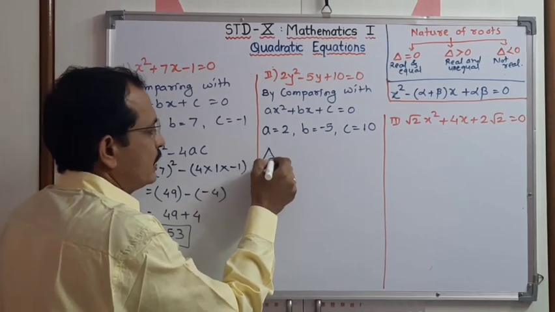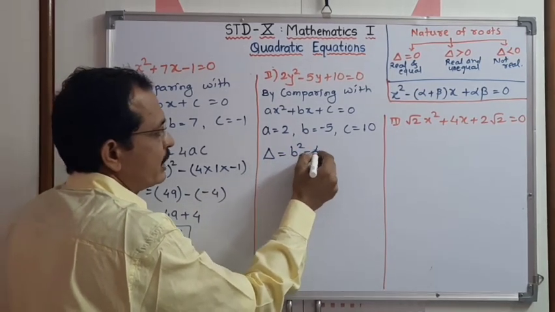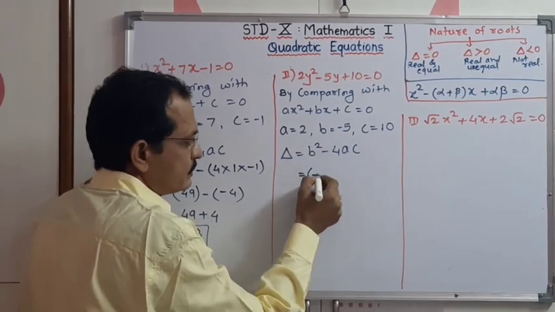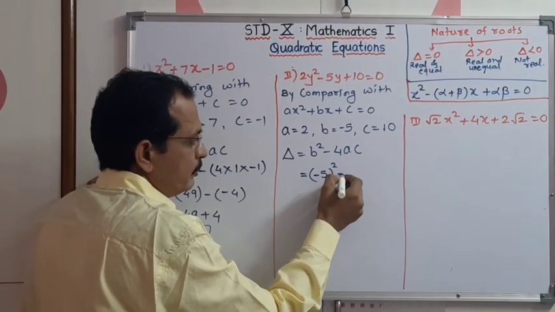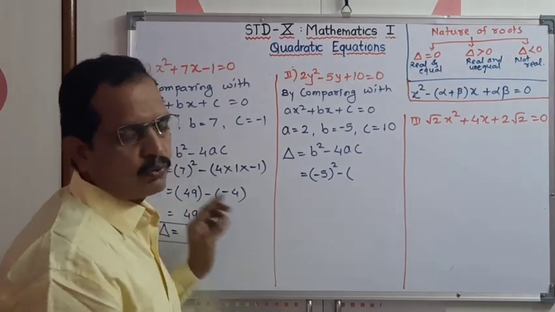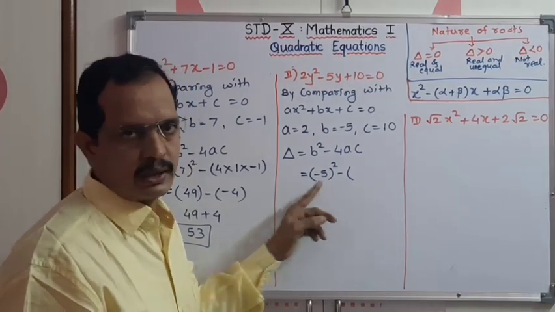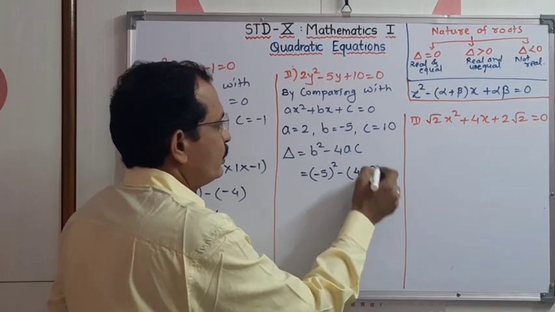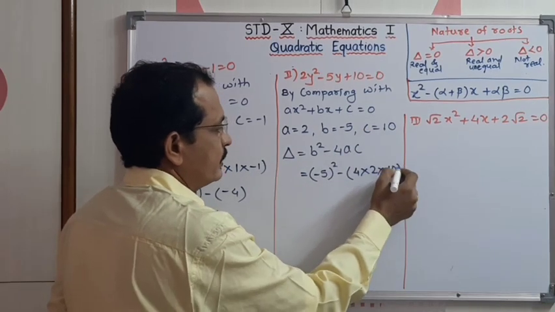Now dear student, delta is equal to b square minus 4ac, b is minus 5. Make the habit of writing these numbers in a bracket. Then 4 into 2 into 10.